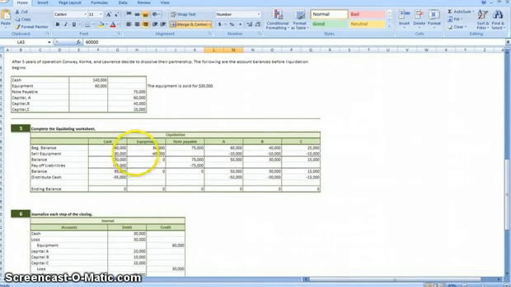The first thing that I'm going to do is sell off the equipment, and in this case I'm going to sell the equipment for $30,000. The equipment has a value on our books of $60,000, so I'm actually selling it for a $30,000 loss. And so I'm going to break that loss up between each of the partners and reduce their capital accounts by 1/3 of the loss for each partner.